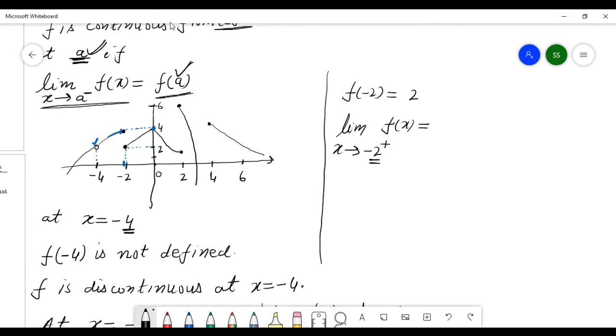So here check this, x is close to here from the right, then the function is close to this one, this point 2. See this. So this equals what?